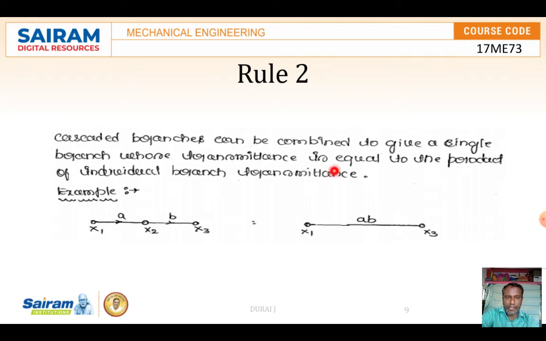Cascaded branches can be combined to give a single branch whose transmittance is equal to the product of the individual branch transmittances. That means these two gains are connected in series, so we multiply. For x1, x2, we can eliminate the x2 node, and it becomes a into b.